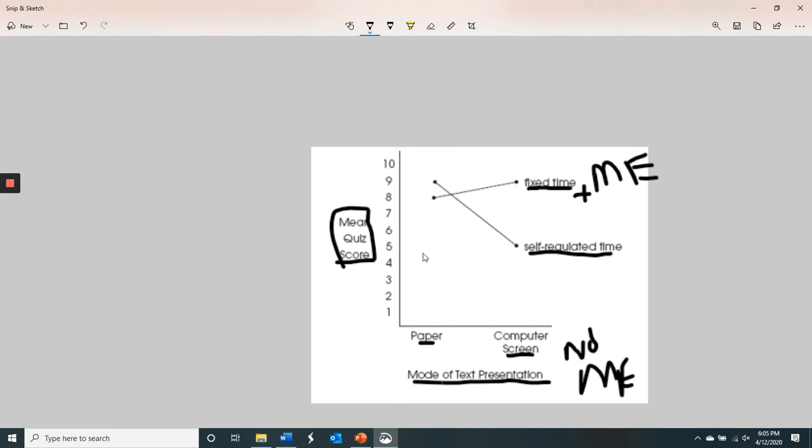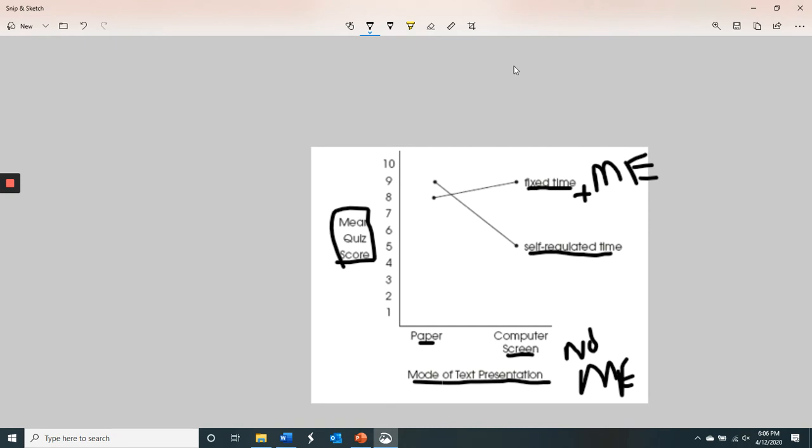So if we look at paper, there's not much of a difference, right? If we look at paper, it doesn't really matter whether you're self-regulated or fixed time, you're doing about the same, roughly. You're very close. However, if you're on a computer screen, the fixed time is much better than self-regulated.